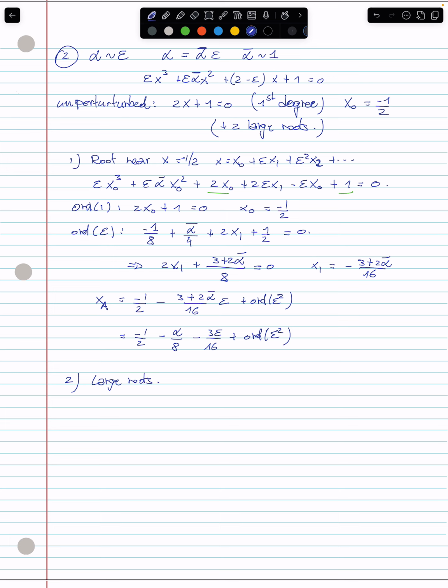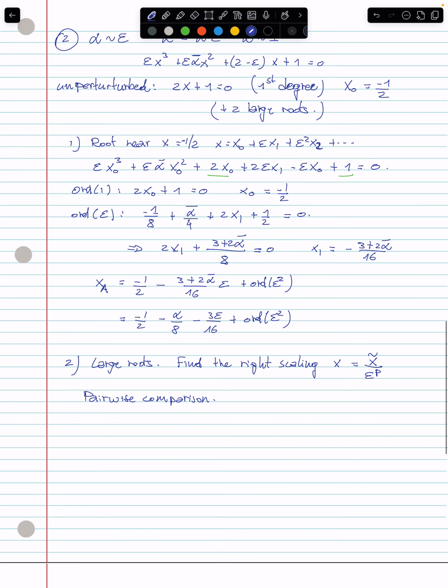First is to get the right rescaling, because we want to say that x is equal to x tilde over epsilon to a certain power. Maybe we can use pairwise comparison again and see if we can get something out of that.